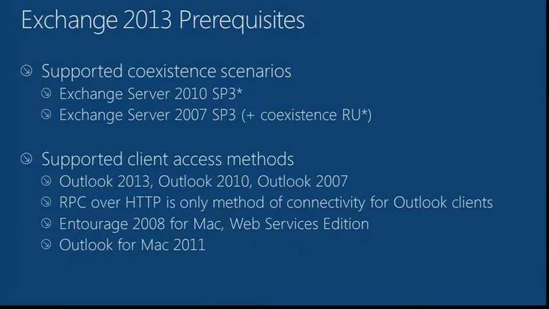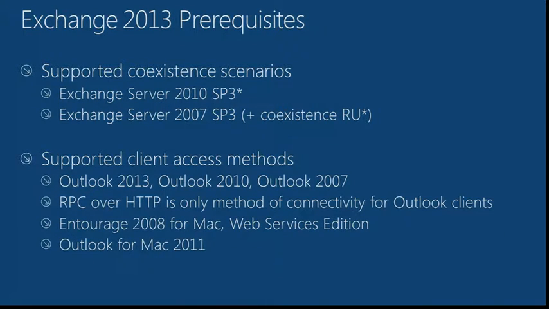It came out a few weeks ago, and that has all the code in it that we need Exchange 2007 to know about in order to do the coexistence with Exchange 2013. So that is already available. However, because we have not finished and finalized developing Exchange 2013, things could change. There could be a later update rollup that we need to deploy, and so that's why we have some of the asterisks there, that these things could change or they don't exist yet.